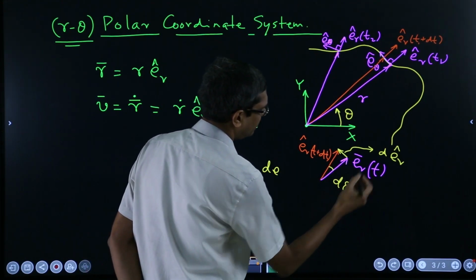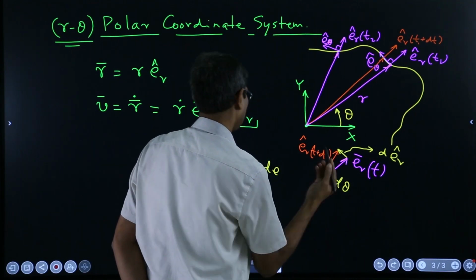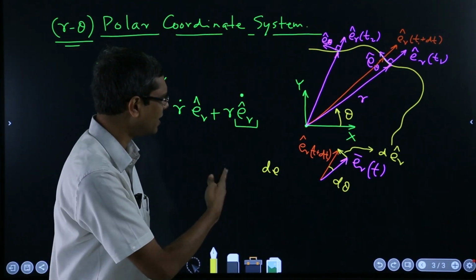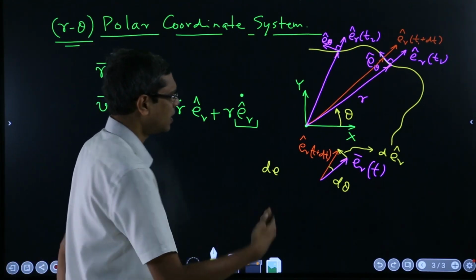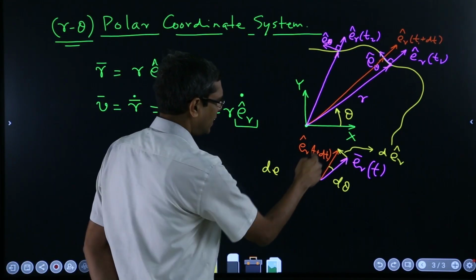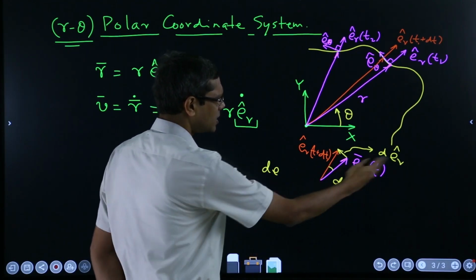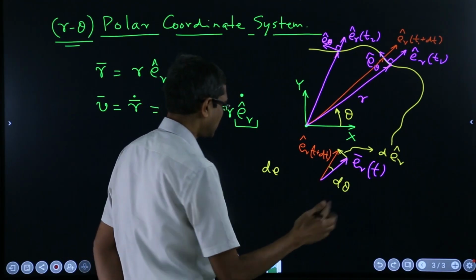I should have written delta, it doesn't matter. I'm thinking in terms of the limit when delta t tends to 0, taking that to be delta t and taking the limit, but I am just writing it like that so you understand what I mean.